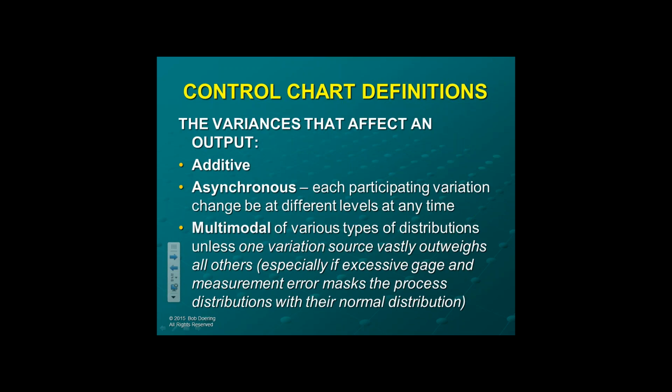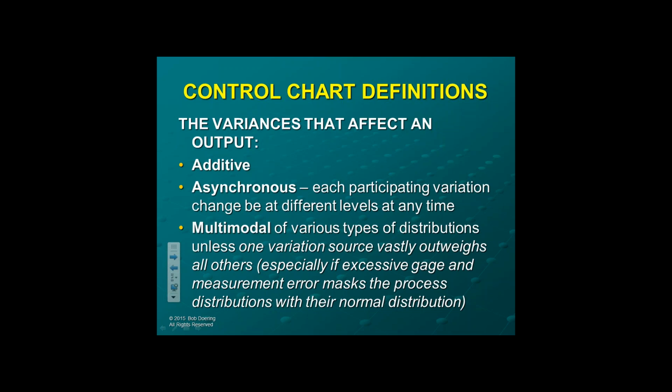The variances that affect an output are additive. We saw that in the total variance equation. They're asynchronous. That means that each can change at different levels at any time. They don't trend along with each other. And not only that, they're multimodal. You have various types of distributions unless one variation source vastly outweighs all others.